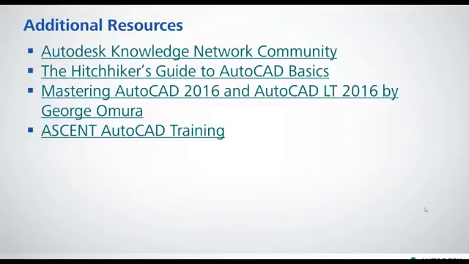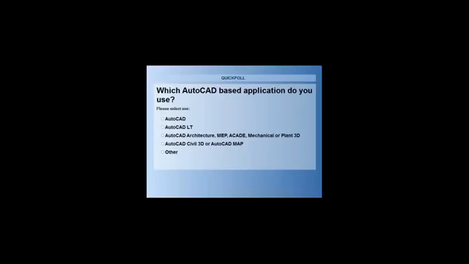I just want to see what kind of verticals of AutoCAD you're using, or if you're using the main one here. We have AutoCAD, AutoCAD LT, Architecture, MEP, Electrical, Mechanical, Civil 3D, Map, Plant.